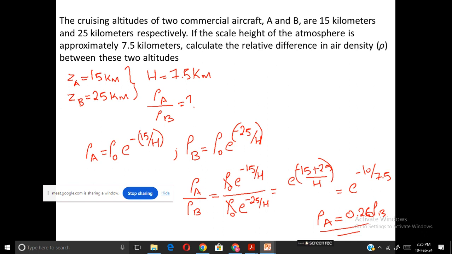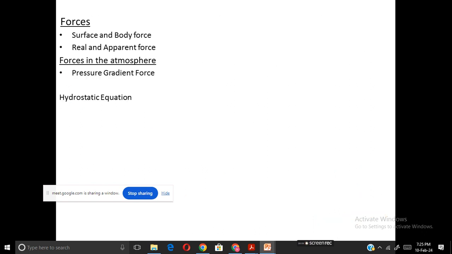So let's move on to forces. I think the week 3 class was mostly based on forces, different types of forces and all those things. Then it went on explaining each force, like deriving each force. So basically this is just a recap, just to remind you.